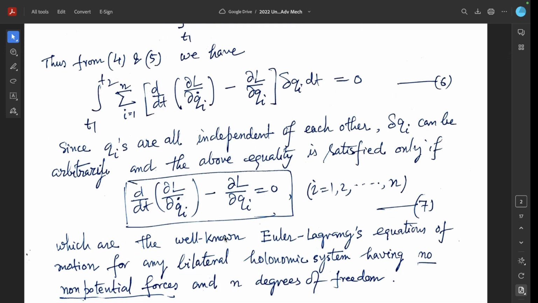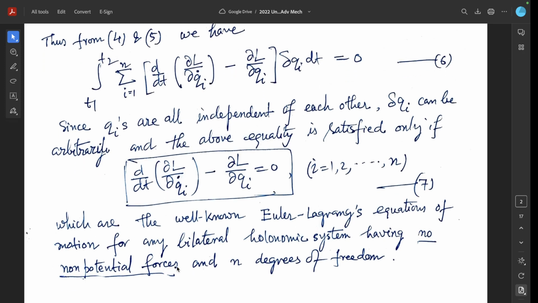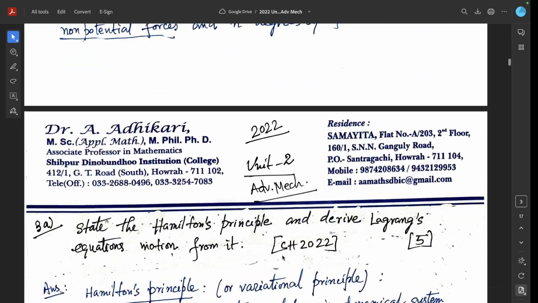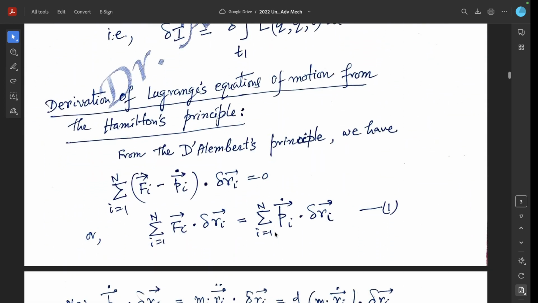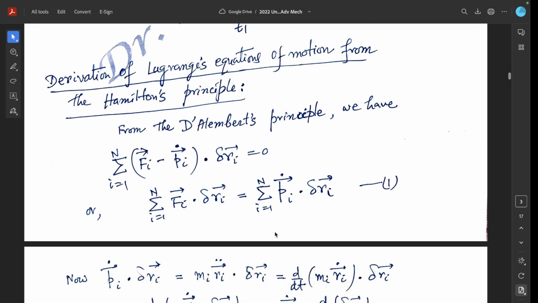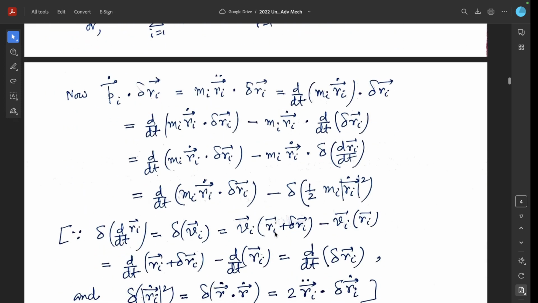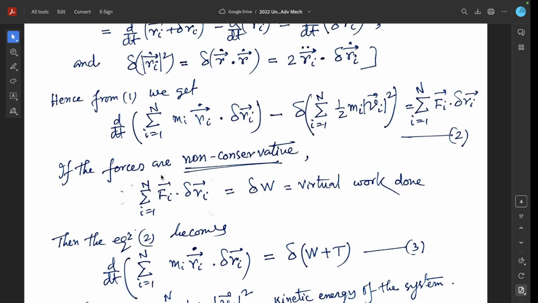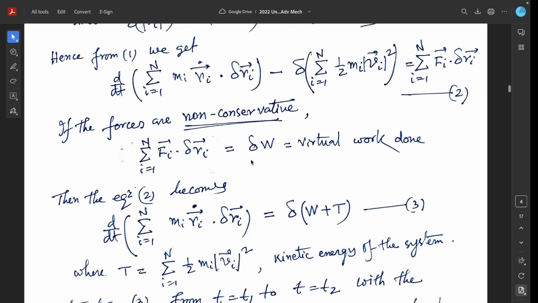These are the well-known Euler-Lagrange equations, or simply Lagrange's equations of motion, for any bilateral holonomic system having no non-potential forces and n degrees of freedom. You can derive this alternatively, but that is lengthy, and here we treat the more generalized case of non-conservative forces.